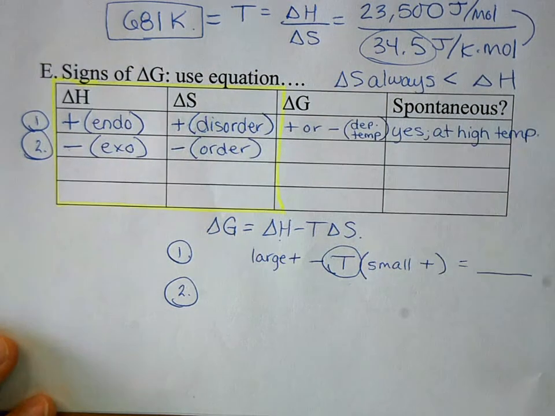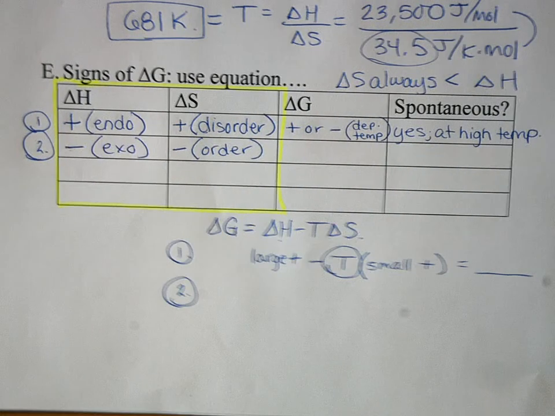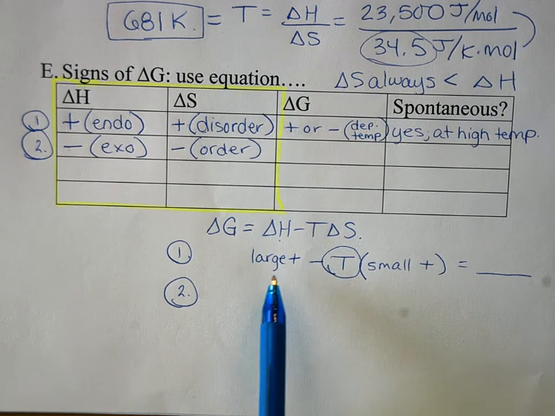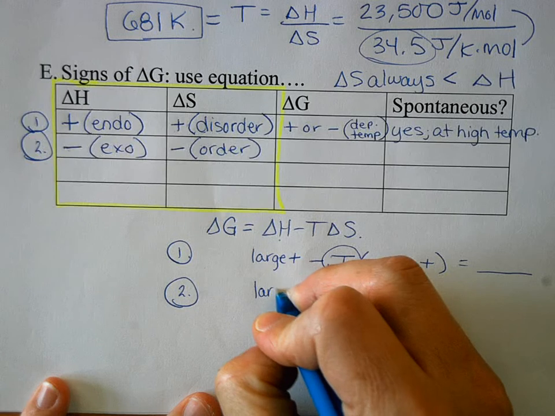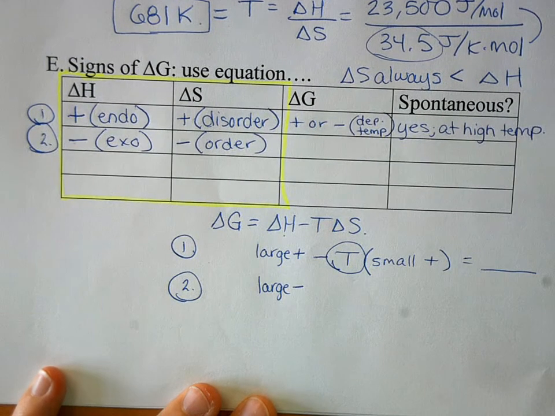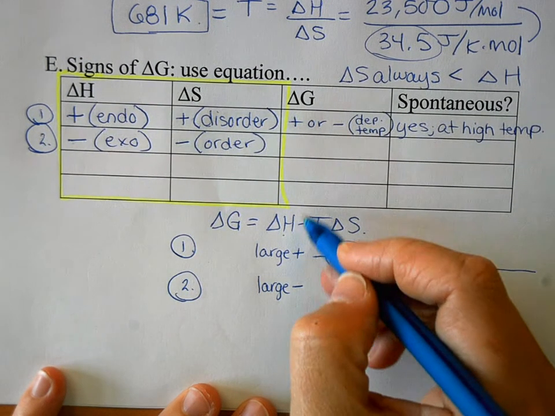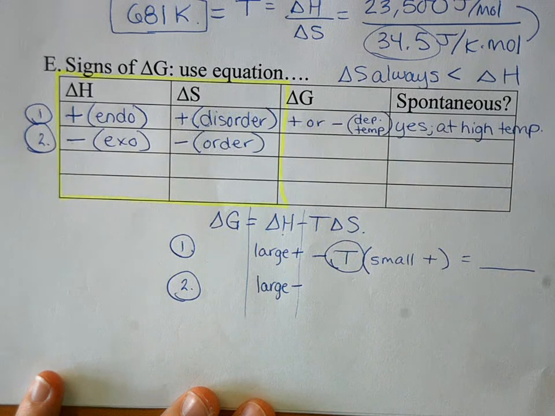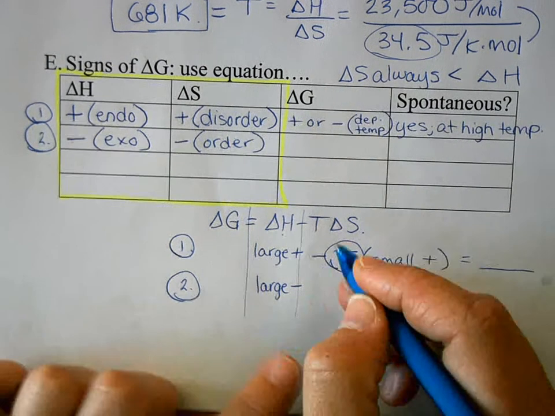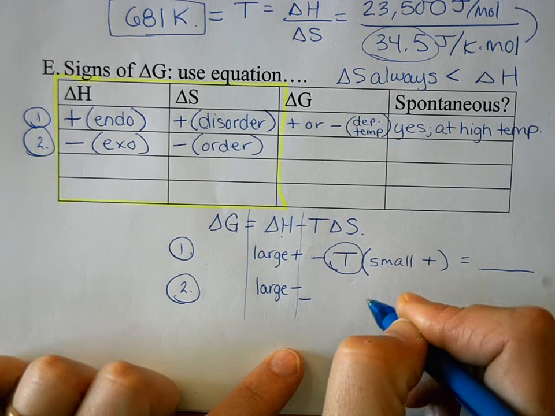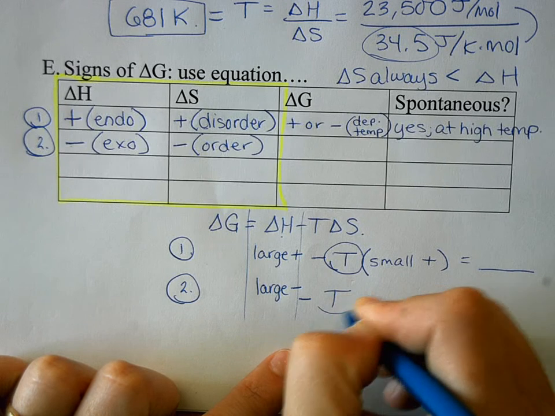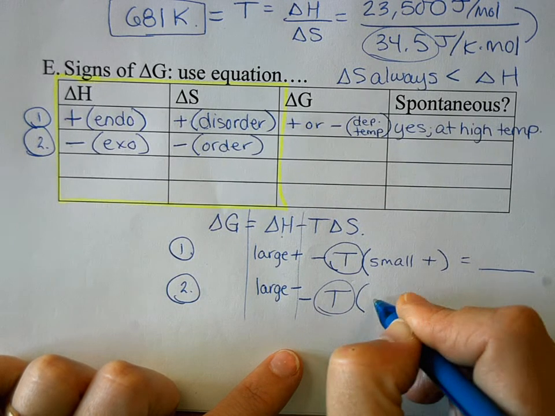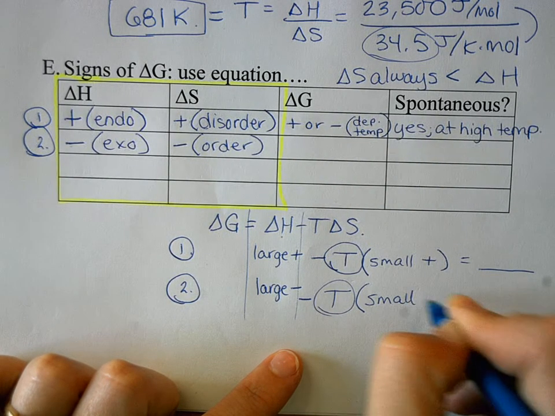Again, delta H values are always large. So this would be a large negative number here for delta H. And large negative minus, and then I've got my T again, multiplied by a small negative number.